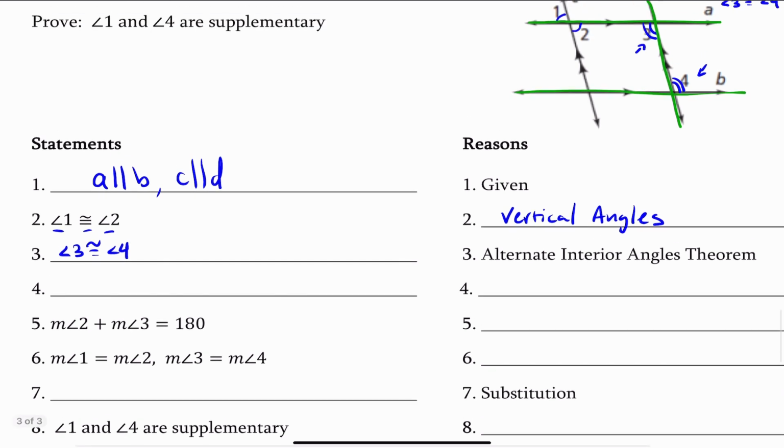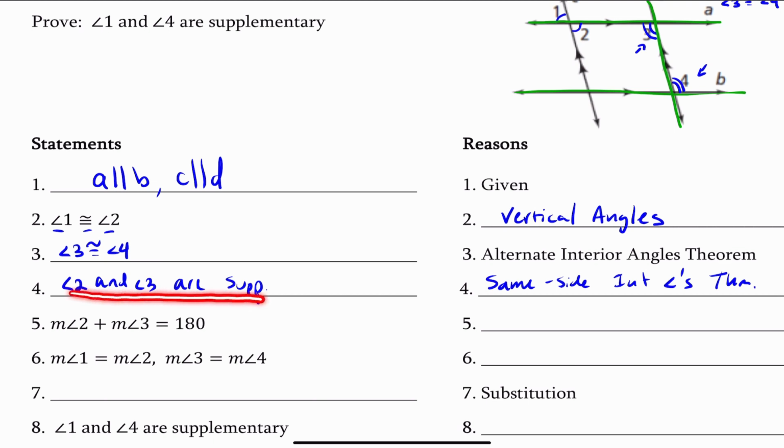So again, we know that angle 2 and angle 3 are supplementary by the same side interior angles theorem. And now I'm going to take the supplementary words and convert that into algebra, which is the definition of supplementary angles.